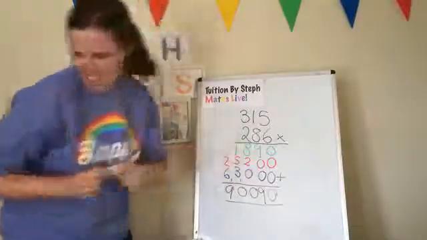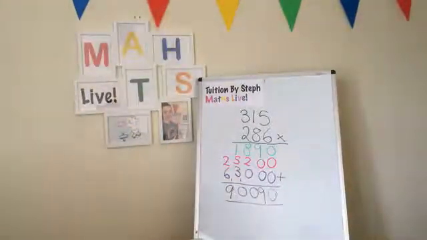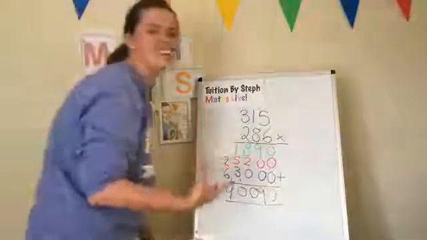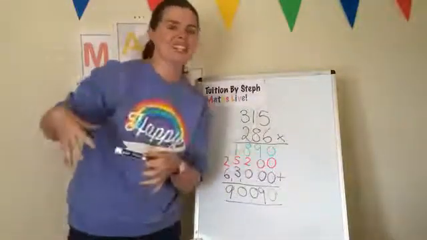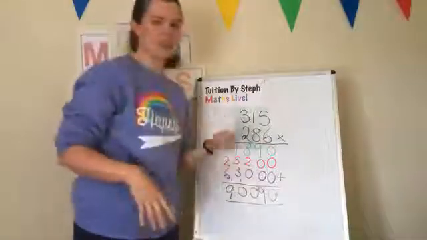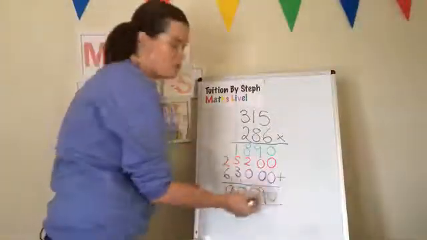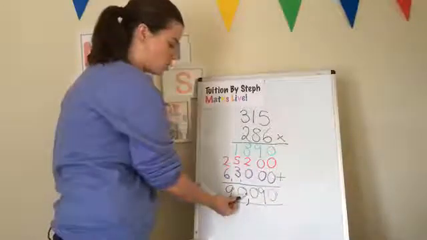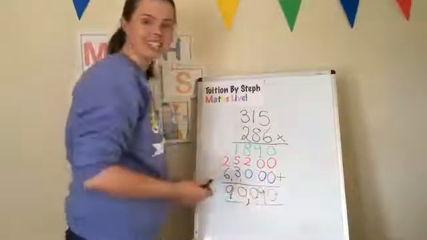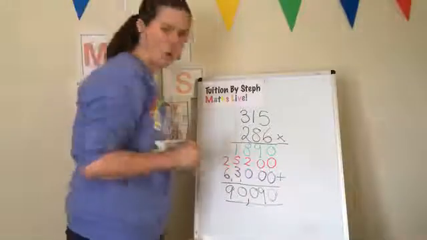Oh, is that the right answer? I've got the same answer as you lot. You know what? I made that off the top of my head. What a funny answer. So the answer is 90,090. 90,090.